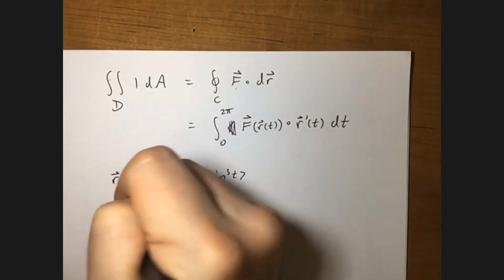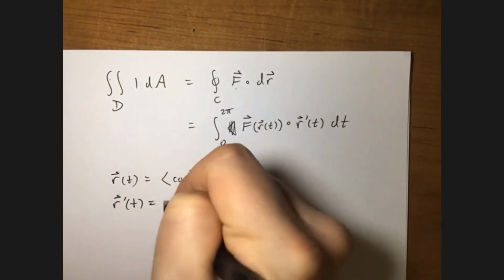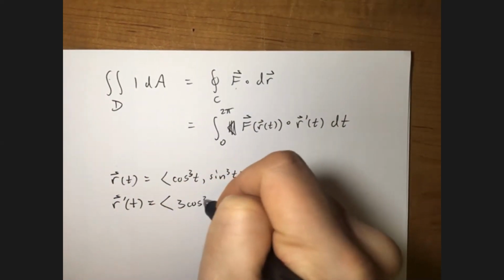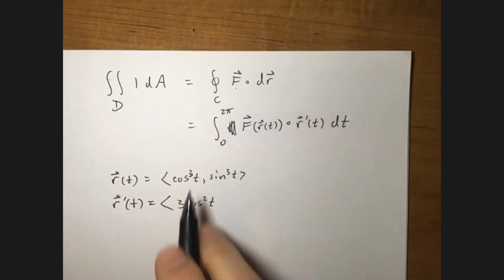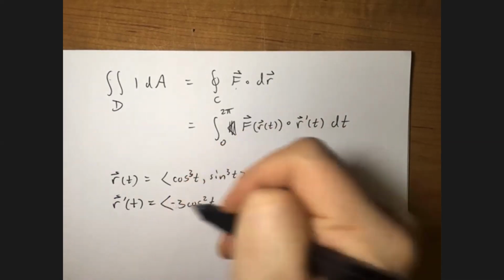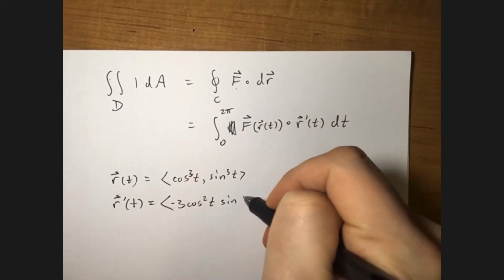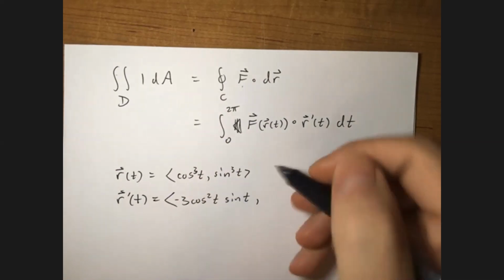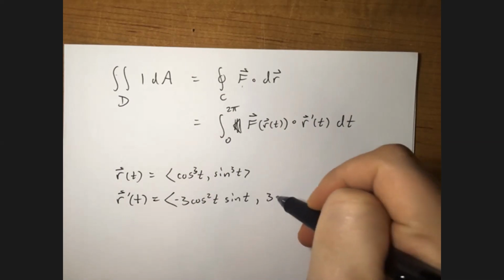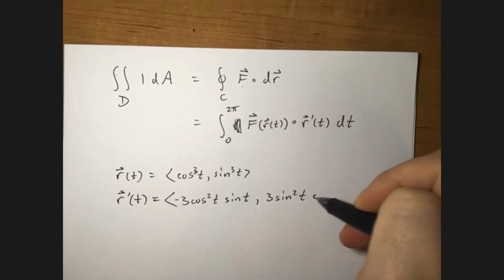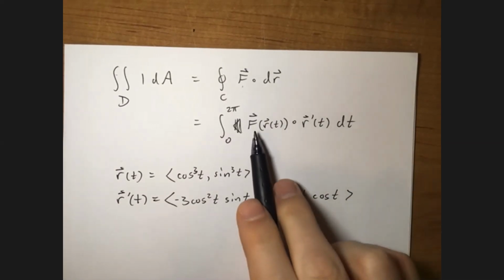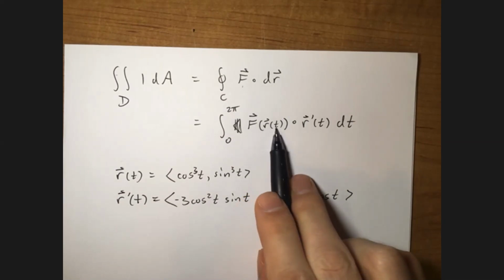So r prime of t is 3 cosine squared t, and then take the derivative of cosine, which is negative sine t. And then the derivative of this is 3 sine squared t cosine t.